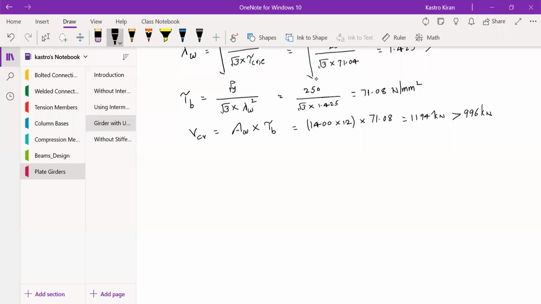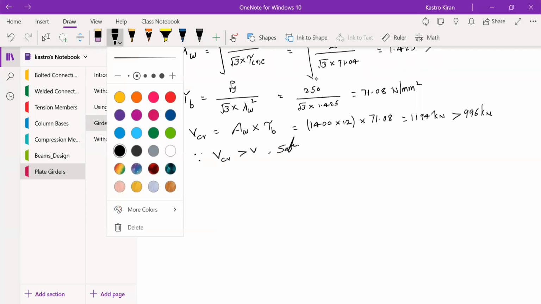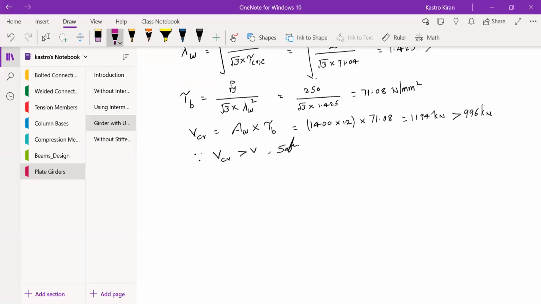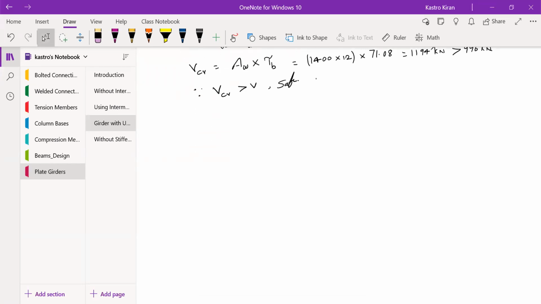So since the VCR value is greater than V, it is safe. Okay, the buckling of web under shear forces is safe. So it is considered as safe. Okay, so that's how you are going to find out the value of shear buckling capacity of the web by using simple post critical method.